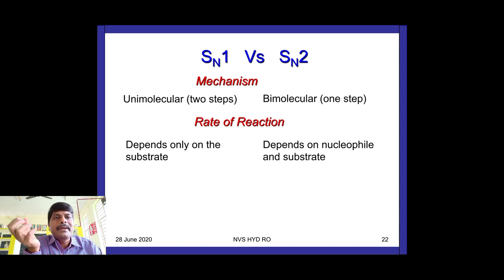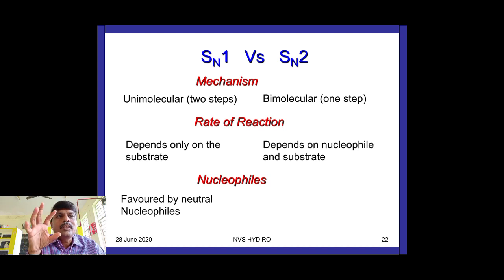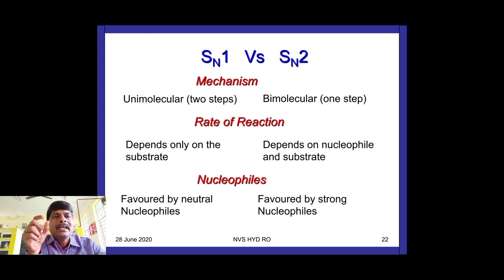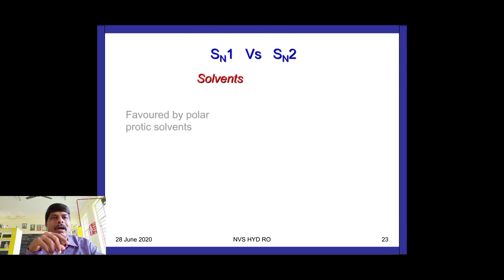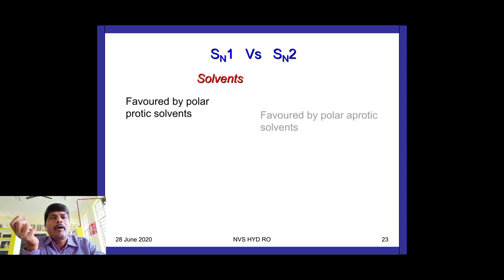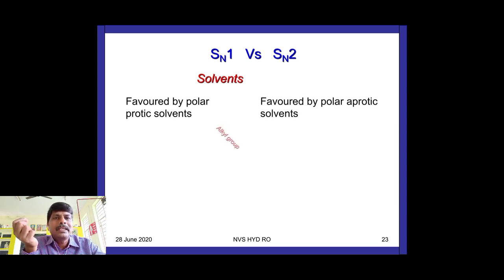The rate of reaction of SN1 depends on only one substrate, that is, the rate depends only on the concentration of alkyl halide, whereas in SN2 the rate depends on the concentration of both alkyl halide and nucleophile. SN1 is favored by neutral nucleophiles, whereas SN2 is favored by strong nucleophiles like OH minus, CN minus. As for solvents, SN1 is favored by polar protic solvents, whereas SN2 is favored by polar aprotic solvents.